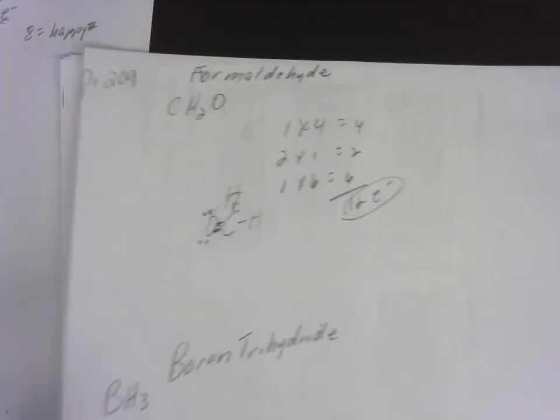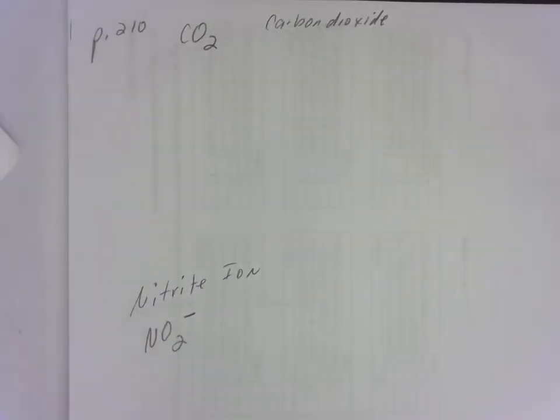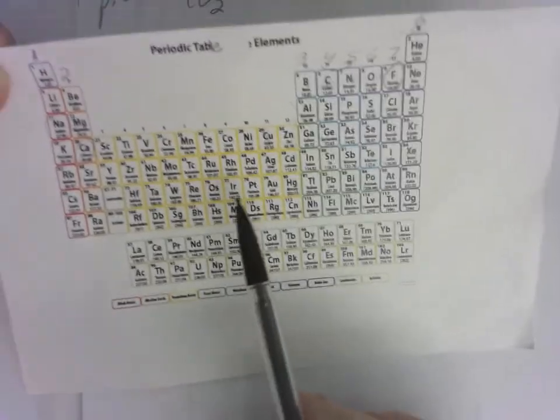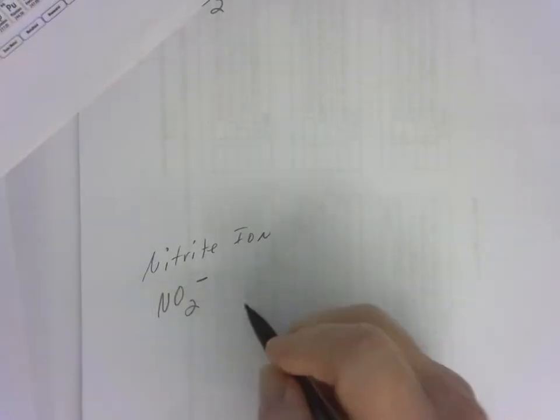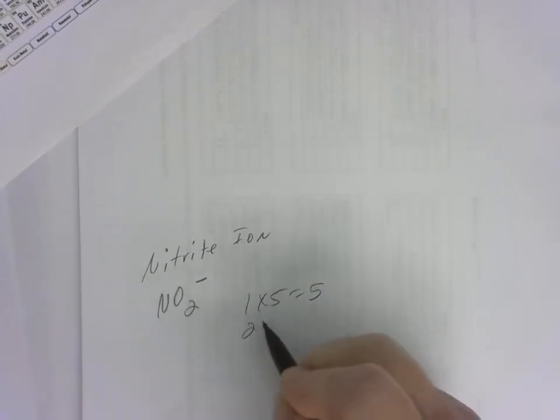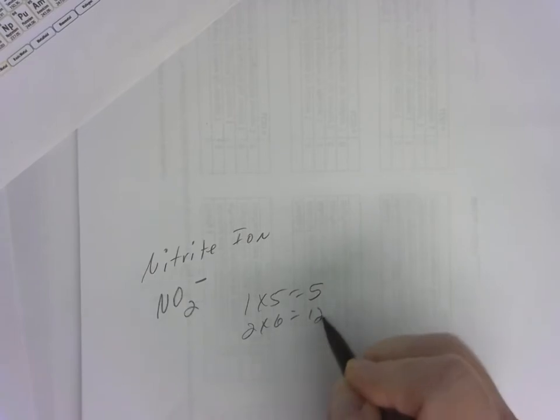Oh, one thing I want to point out, you have some ions to do. So let's look at nitrogen is in group 5. So we're skipping ahead to page 210. Nitrogen is in group 5 and oxygen is in group 6. So 1 times 5 for the nitrogen is 5. 2 times 6 is 12 for the oxygen. However, we have a negative charge. So we have another electron.